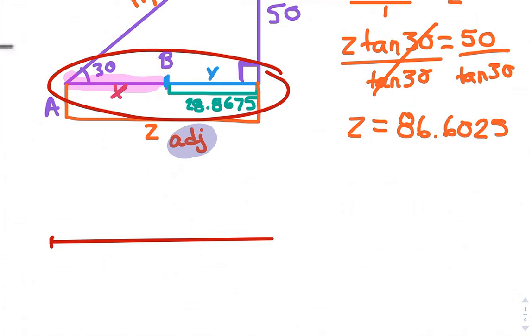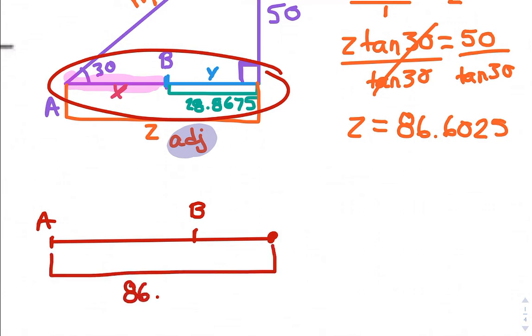So I know this is Adam, this is Brian, this is the building. So we just figured out this whole length is 86.6025. We knew that Brian to the building was 28.8675, and we're trying to figure out how far away Adam is from Brian.